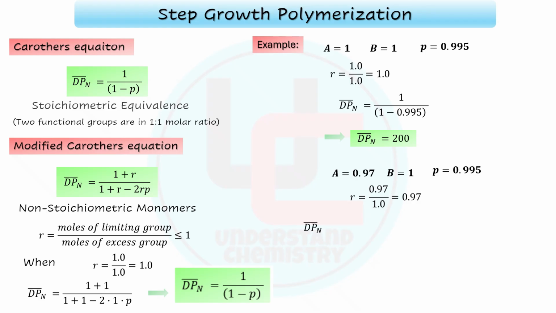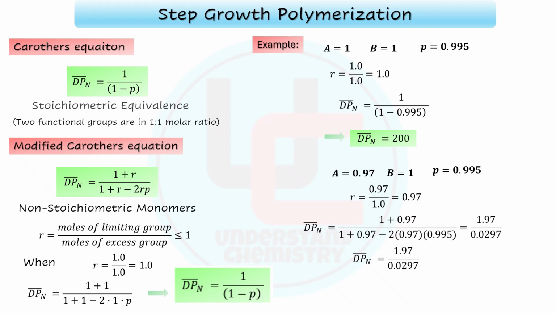When functional groups A is equal to 0.97 moles and B is 1.0 mole, then the value of R will be equal to 0.97. Again, for p equal to 0.995, let us calculate DPn. By placing the value in the modified Carothers equation, we get the degree of polymerization equal to 66, which is far less than the degree of polymerization when equimolar functional groups are used. This is how the degree of polymerization could be controlled.